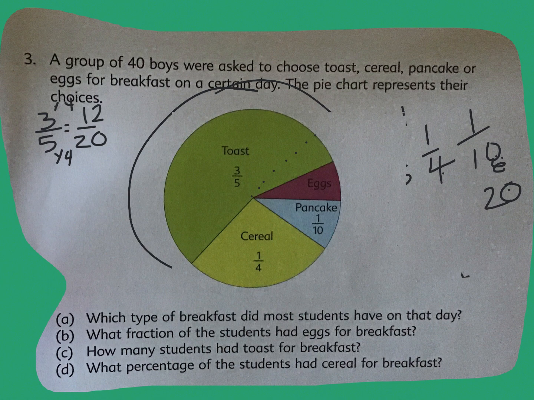So that's going to be 12 20ths. Now we need to change 1/10 to 20ths. So what did I do to get 20? I multiplied by 2, so that's 2 20ths. And for 1/4, what did I multiply to get 20? 4 times 5. So multiply the top times 5. So here we go. Now we have 12 20ths.